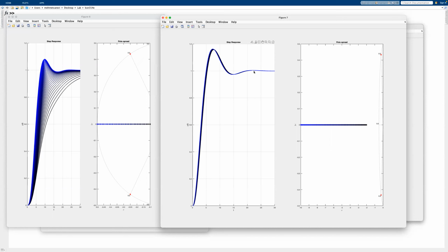We have a certain settling time, we have a certain peak value or overshoot, and this whole family here shares almost exactly the values for the second order system on its own. So it seems like when we add a pole that is far away from our pole pair, our ideal second order system, the overall system behaves like a second order system.